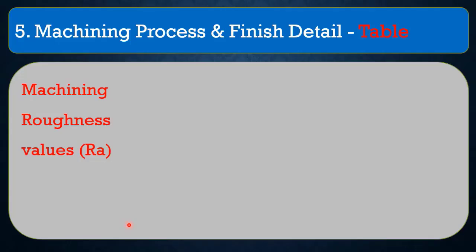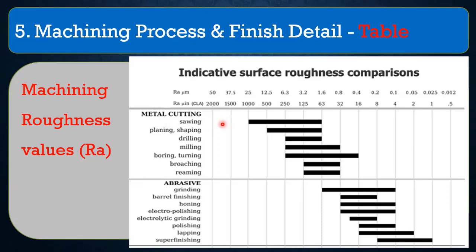Number 5, machining process and finish detail. Number 1, metal cutting. This is the table which is showing the range of surface roughness value from each metal cutting process and grinding process through the abrasive wheels. Taking an example, planing or shaping, the surface roughness value starts from 1.6 up to a maximum of 12.5 micrometers.